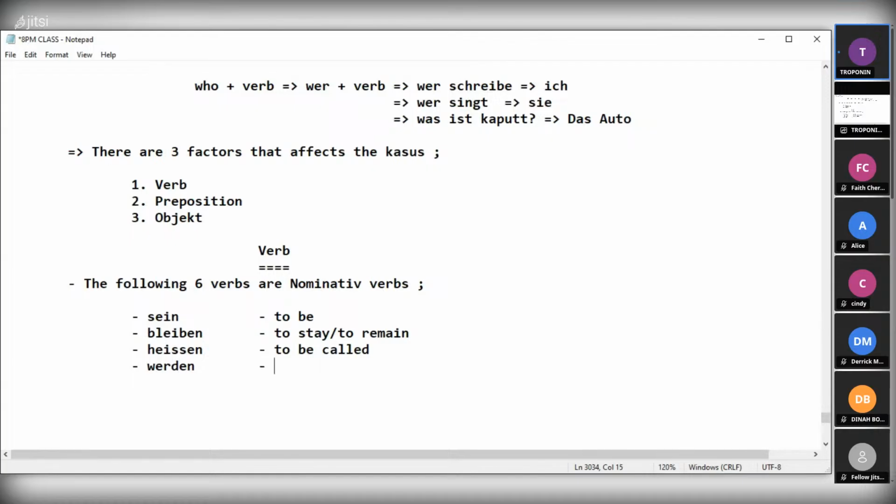So werden is to become. Those 6 verbs, I will show you how they affect the case.